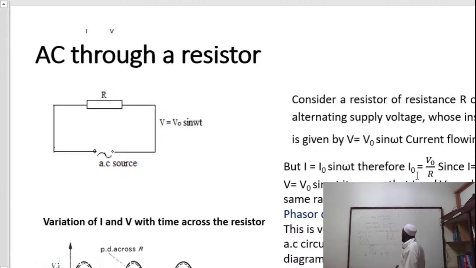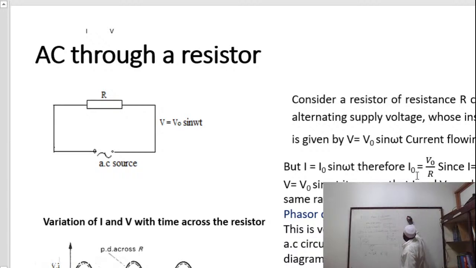So that one will imply that variation of voltage and current are going to be in phase, which we need to prove.